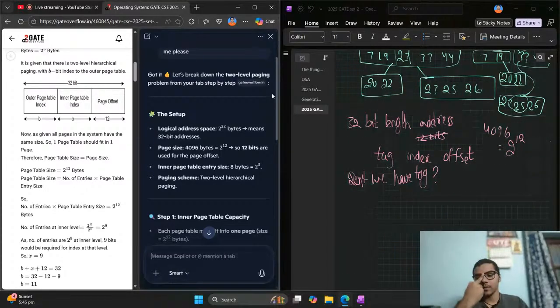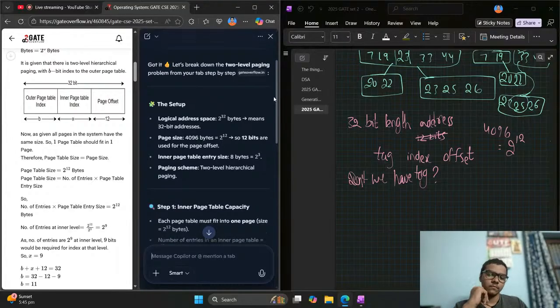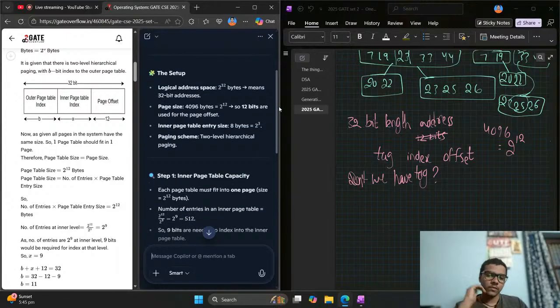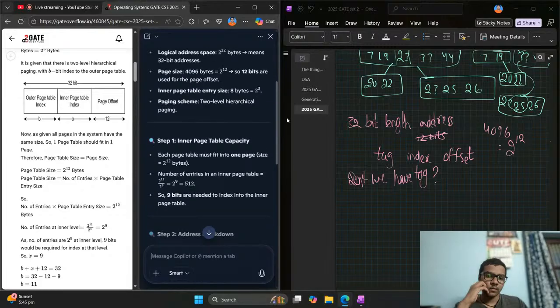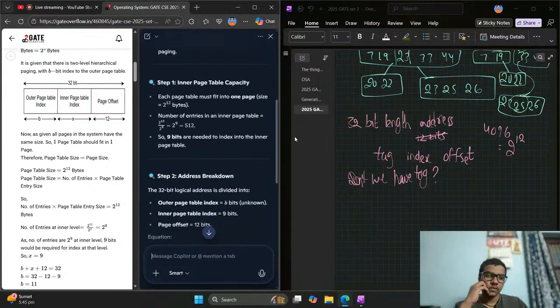Inner page table. Don't we have a tag? Yeah, that is our first question. Each page table must fit into one page. 9 bits are needed.